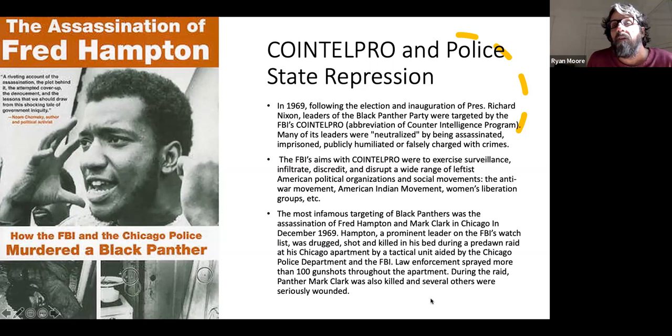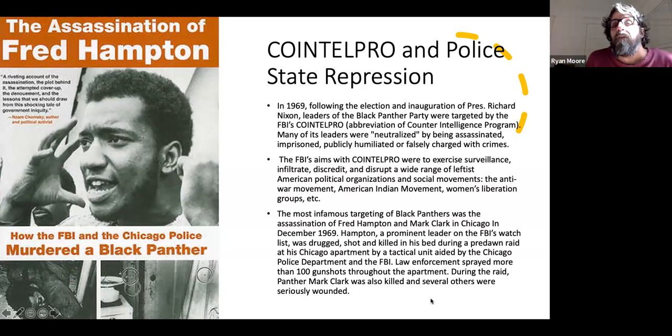He was elected in November 1968 and came into office in January of 1969, and basically immediately escalated a war on the Black Panther Party and a number of other left-wing social movements, particularly the anti-war movement, the people that were protesting the Vietnam War.